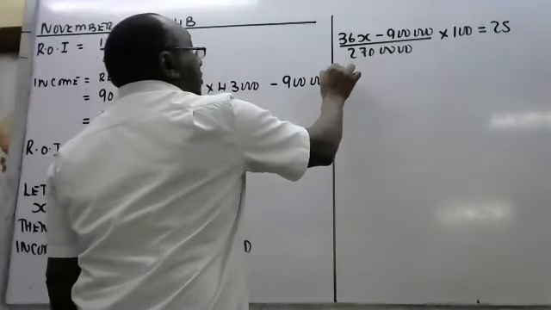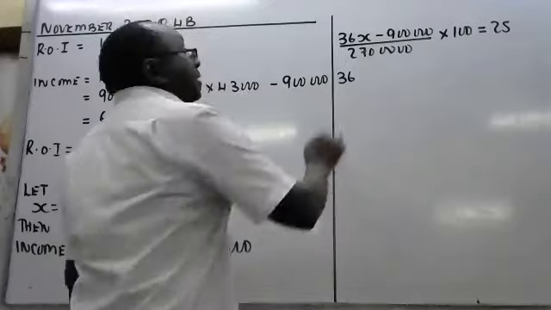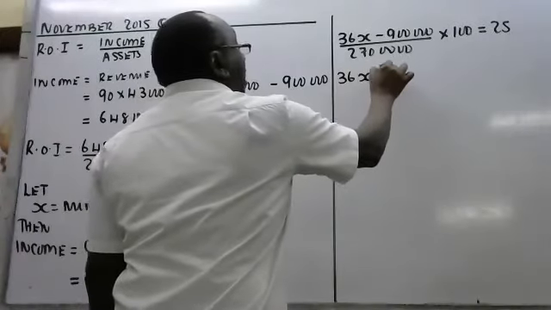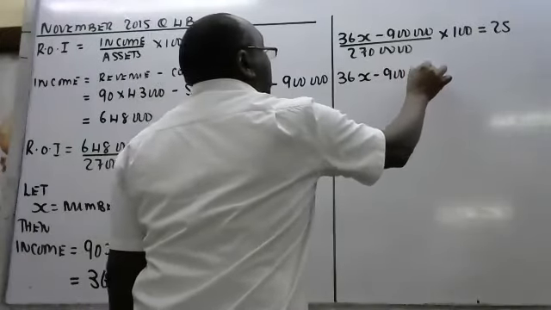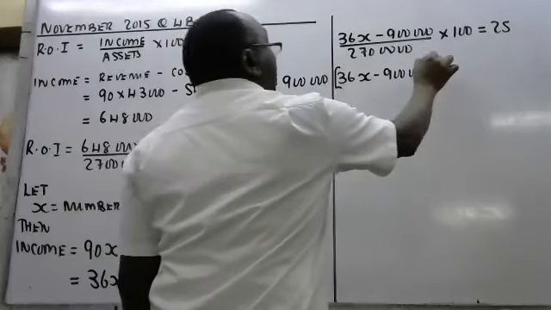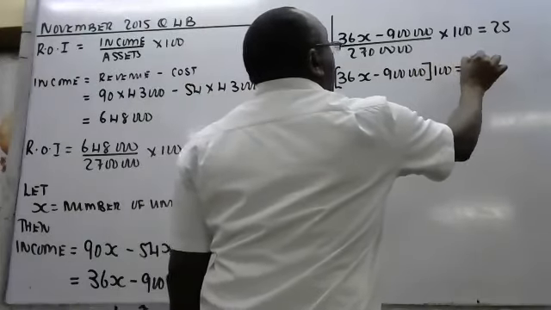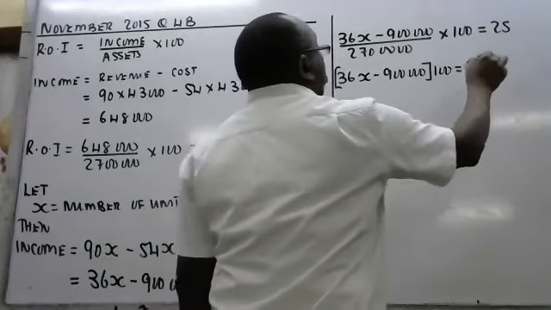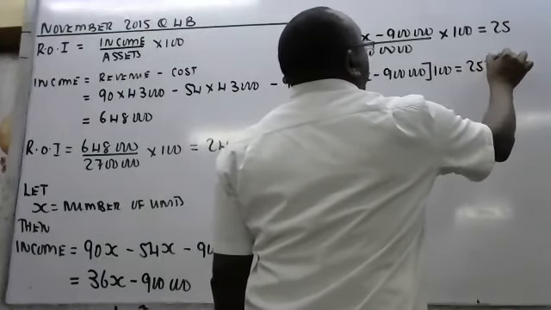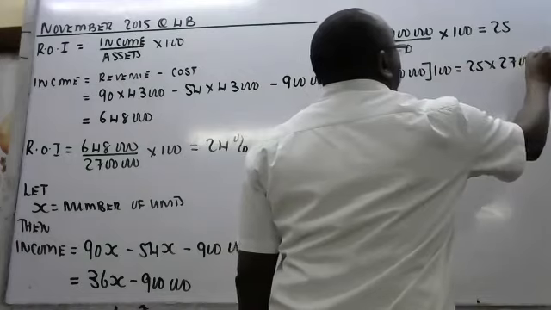So that 36x minus 900,000 multiplied by 100 should be equal to 25 times 2.7 million.